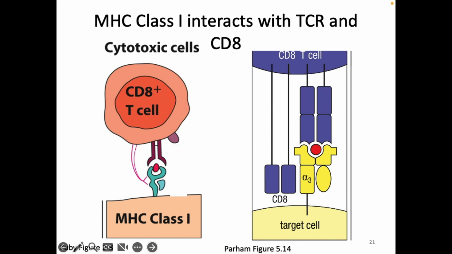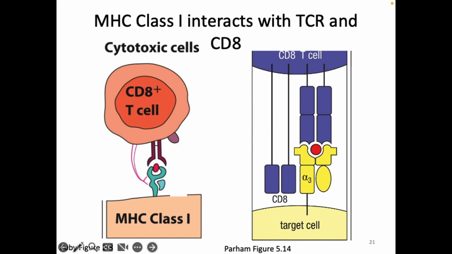So if you notice, here is our infected cell, our target cell. It has MHC and peptide on its surface. It is binding to a T cell which has a T cell receptor on its surface. And that T cell receptor is binding to the MHC plus peptide.